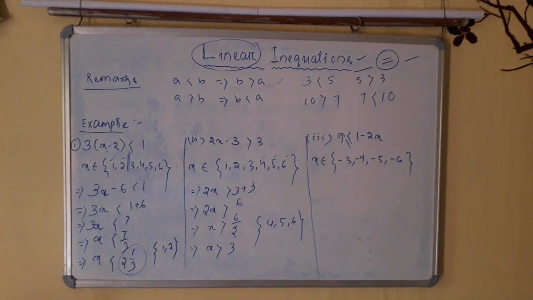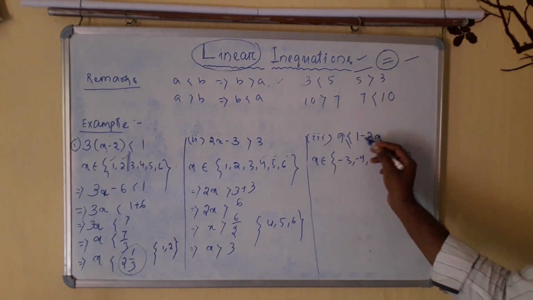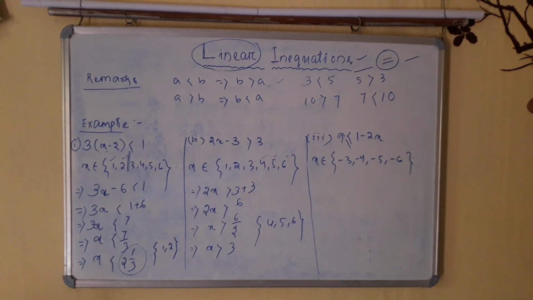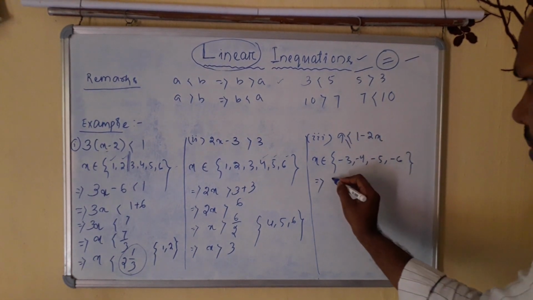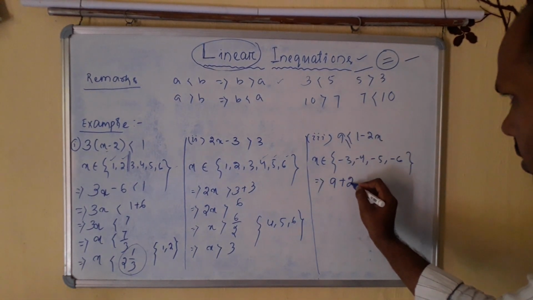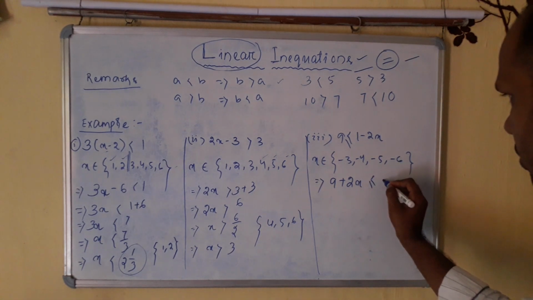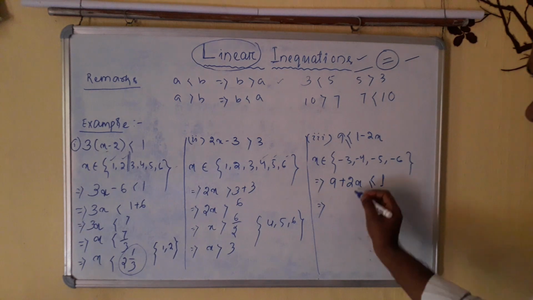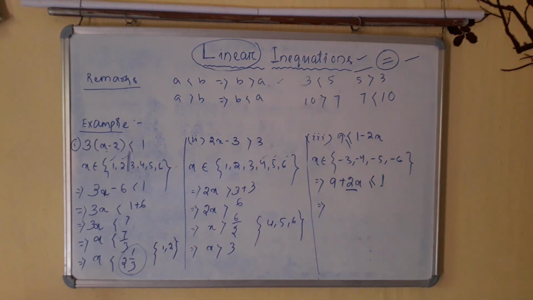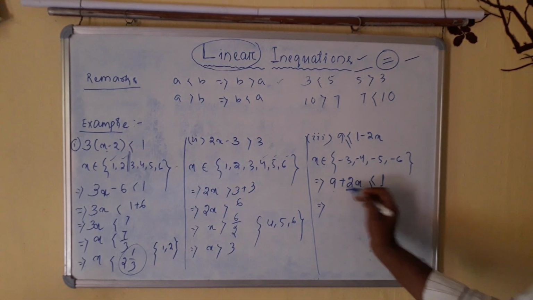Clear? Next example is 9 less than or equal to 1 minus 2x. Now if I take minus 2x to the left hand side, it will be 9 plus 2x less than or equal to 1. I have to take 2x to the left hand side, and I will take 9 to the right hand side.